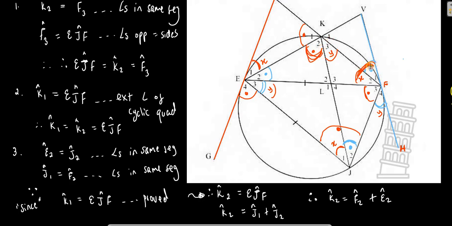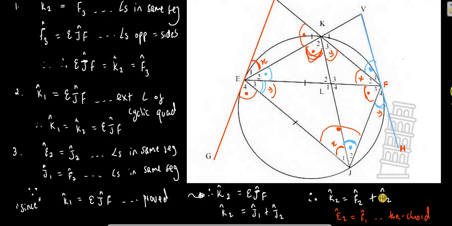this F1 plus F2 plus E2. That's what we said, but you just have to remember that E2 is equal to F1 because of the tan chord theorem.